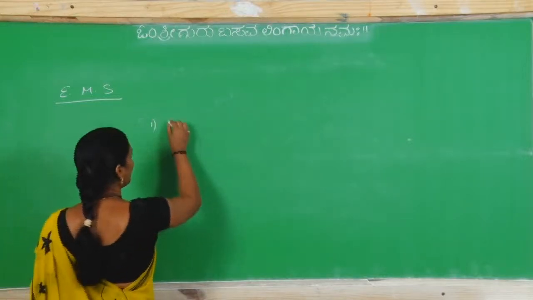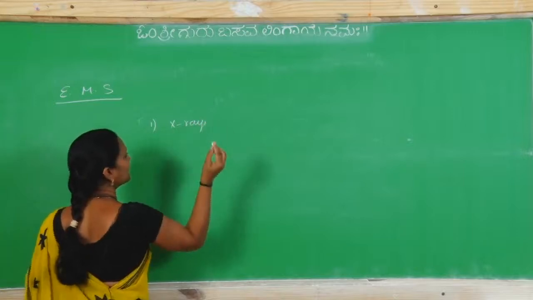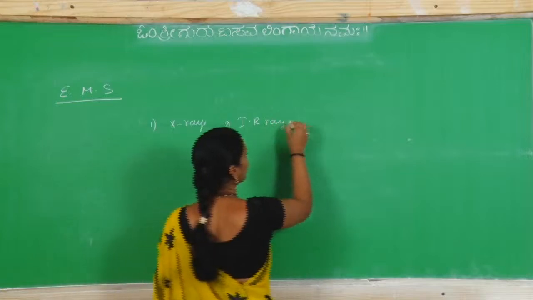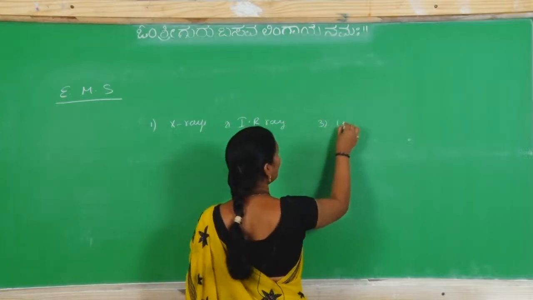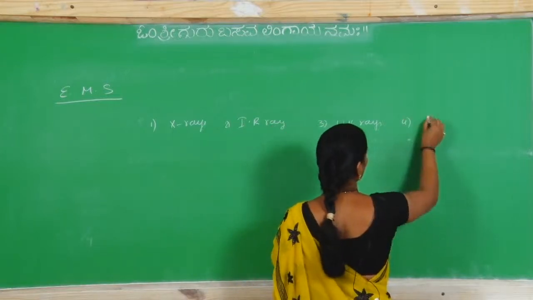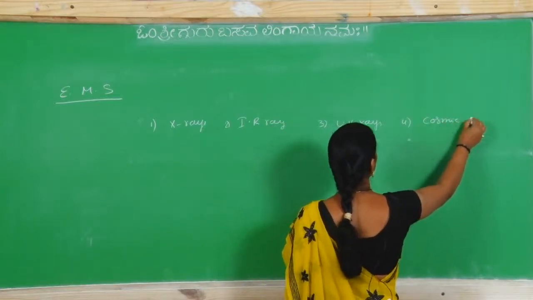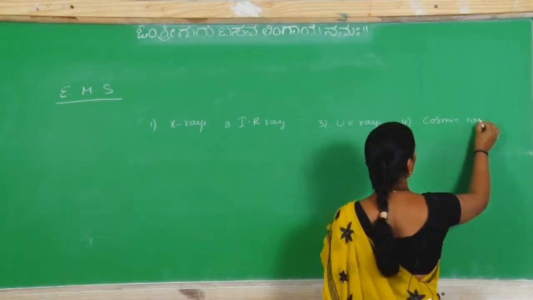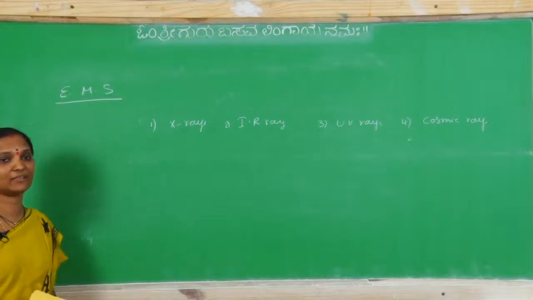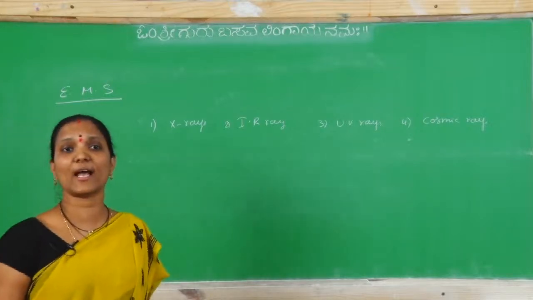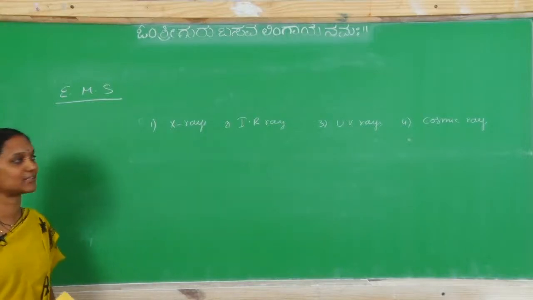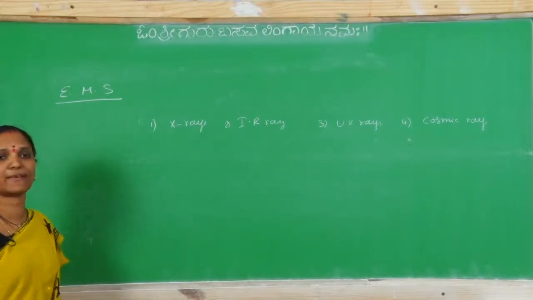Options: X-rays, IR rays, UV rays, cosmic rays. Four options are given. The question is electromagnetic radiation with the highest wavelength. Among these four options, which one has the highest wavelength?